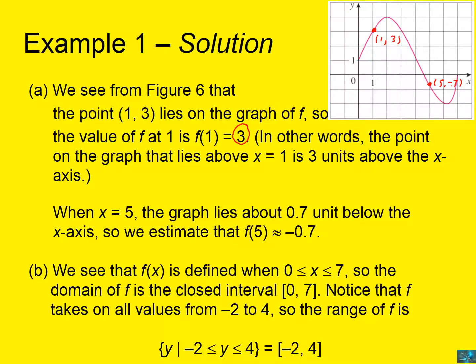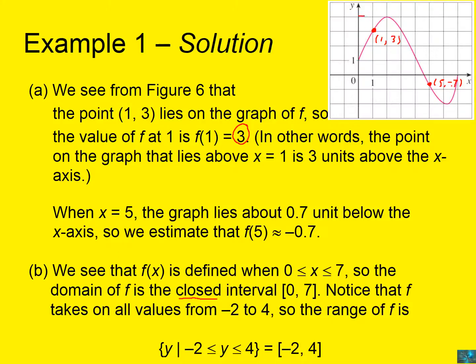Part B, we see that f of x is defined when x is between 0 and 7. So the domain of f is the closed interval. Closed interval, it includes its endpoints, 0 to 7.